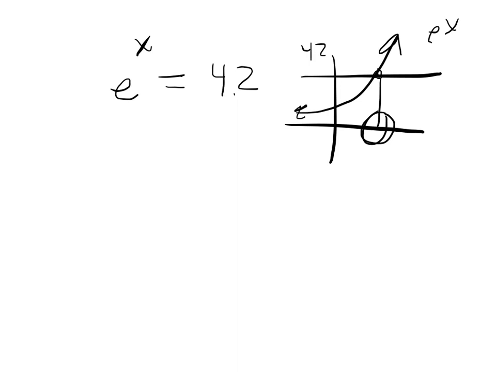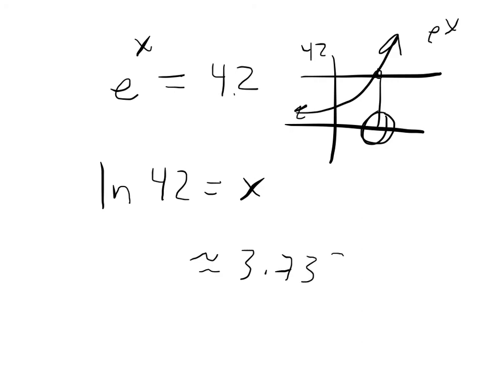But I can do this again more directly by simply saying, hey, by definition, the natural log of 42 equals x, because I'm looking at e raised to the x is 42. And when I go ahead in my calculator, I have a natural log key as well. Natural log of 42 is about 3.737.